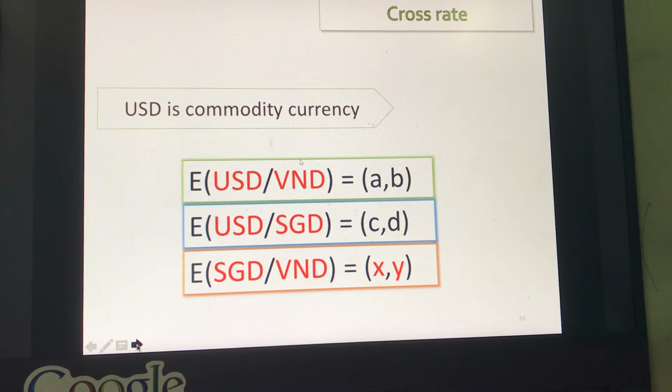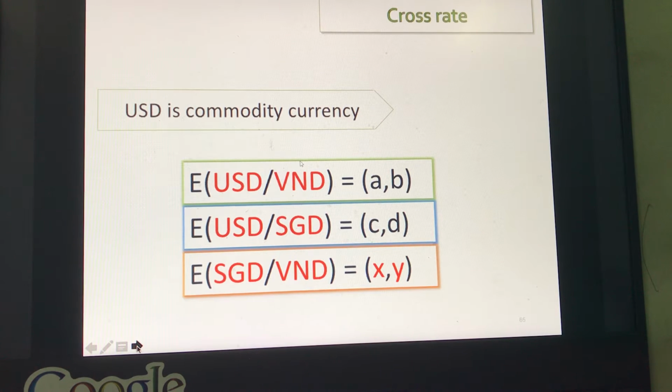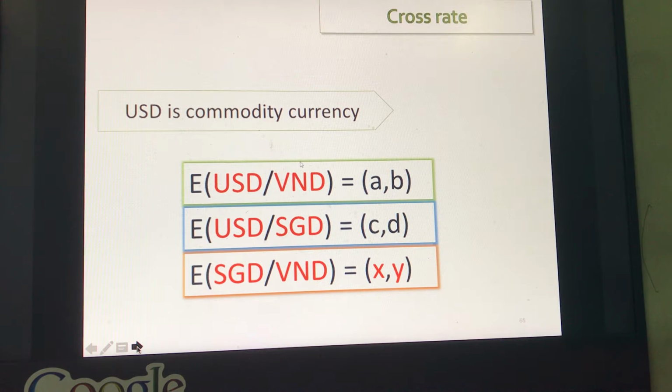For USD against Singapore dollar, C is the bid rate and D is the offer rate. And in the first case, USD is the commodity currency in both exchange rates.